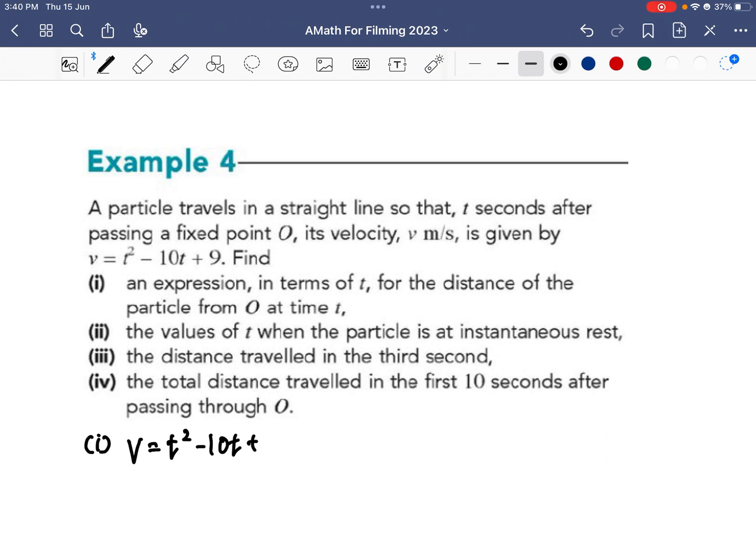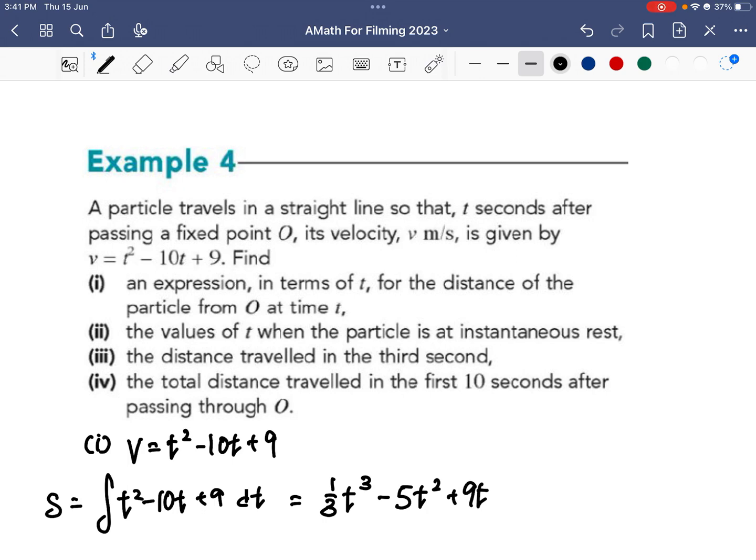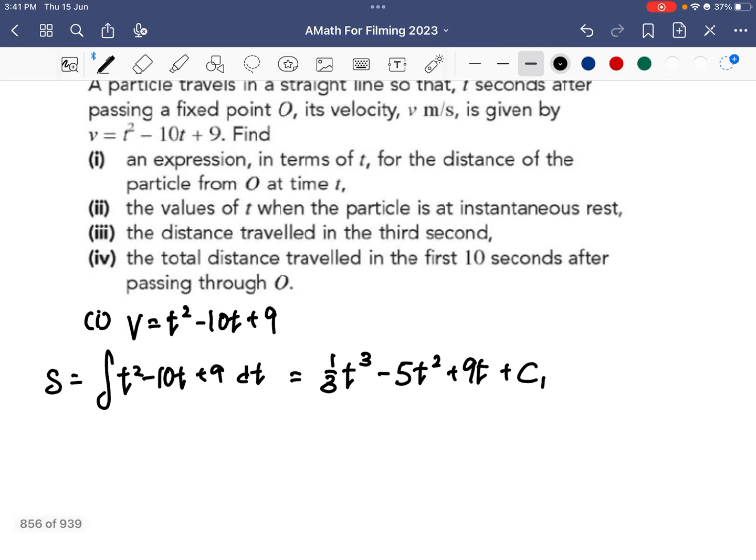If I know that my velocity is t squared minus 10t plus 9, then since differentiating displacement gives you velocity, integrating velocity with respect to time will give you the displacement. So I get 1/3 t cubed minus 5t squared plus 9t plus my integration constant c1. Now, how do we get c1?